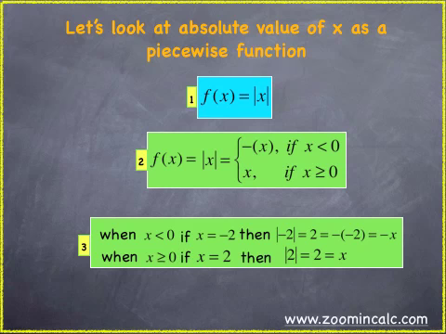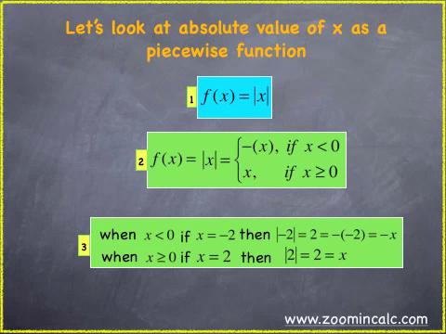For example, let's just say x is less than 0. So let's say x equals negative 2. If we plug into the absolute value function, the result is positive 2. But if we want to display that without the absolute value sign, we just take the negative of that x value.